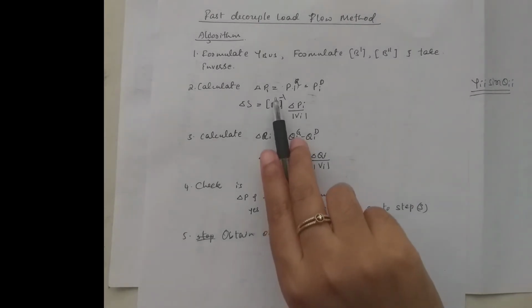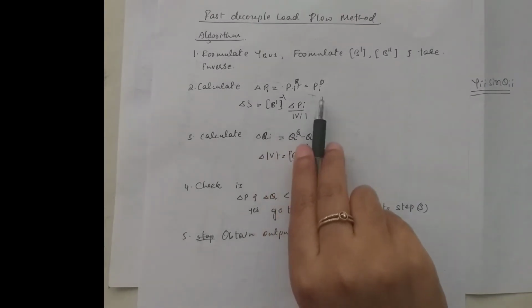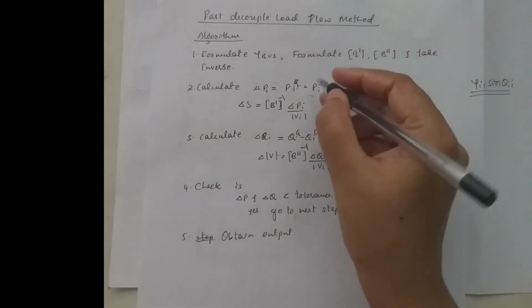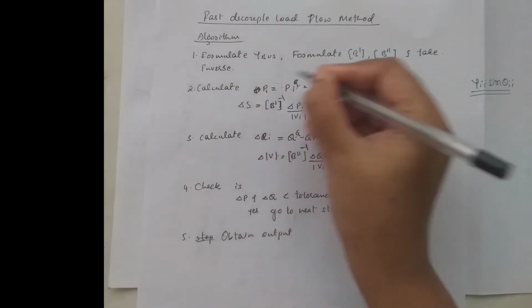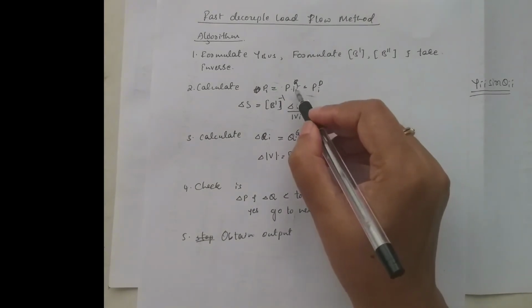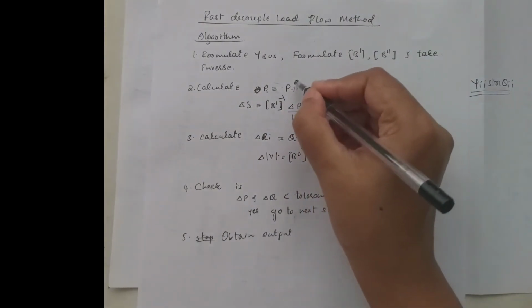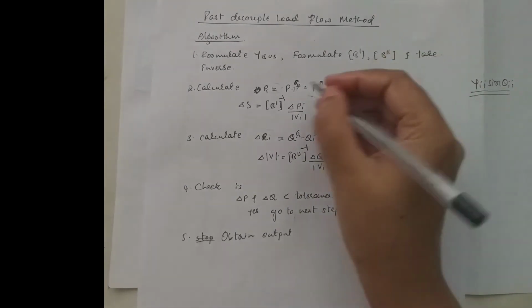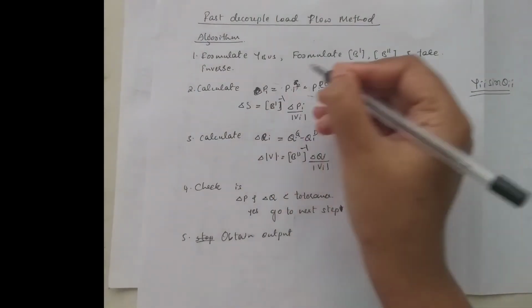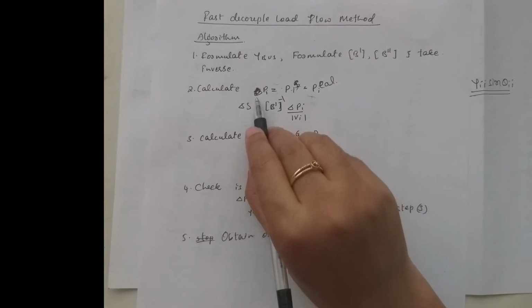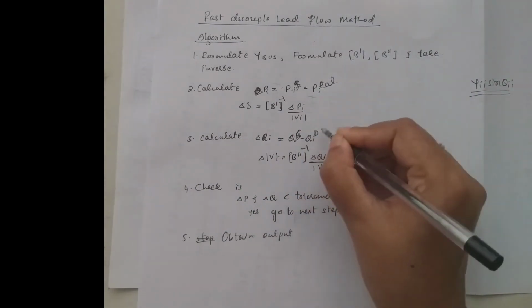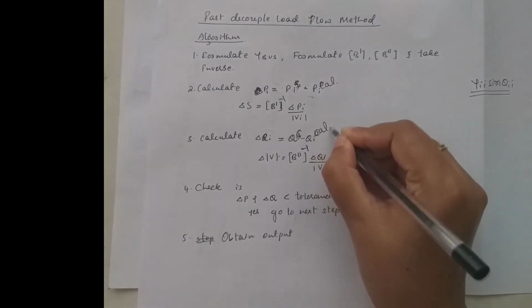Then you need to calculate delta Pi, which is equal to Pi scheduled minus Pi calculated. Then we have to calculate delta Qi. Delta Qi is equal to Qi scheduled minus Qi calculated.